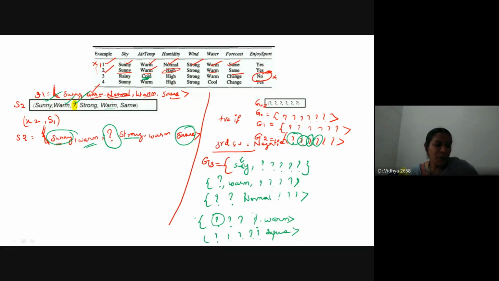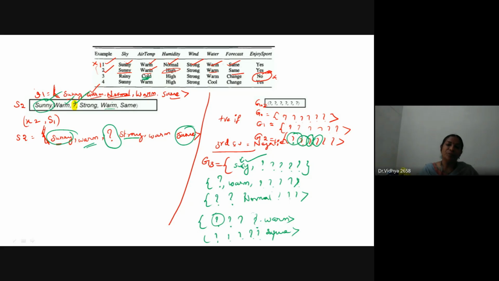In terms of G3, initially we have sunny, and we arrived at sunny from S2, and we also have to arrive at the rest of the other instances. If any general hypothesis is formed, each and every attribute should be compared with all the other remaining attributes.